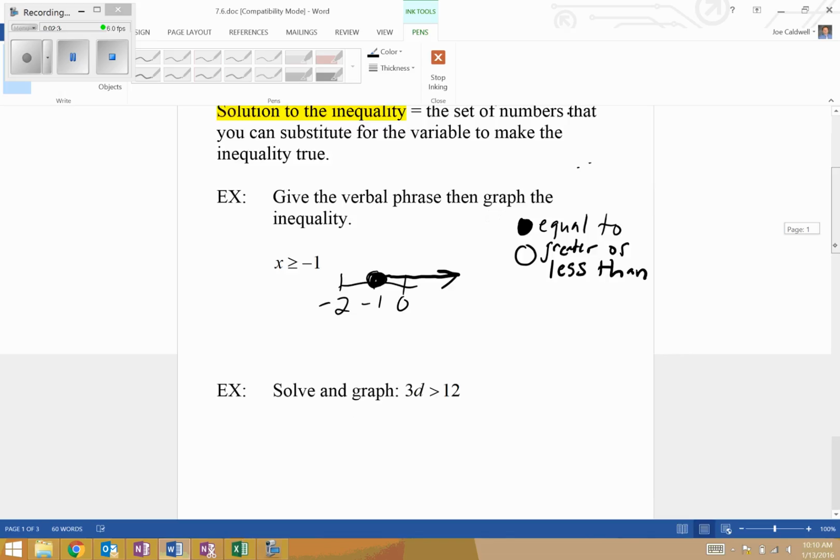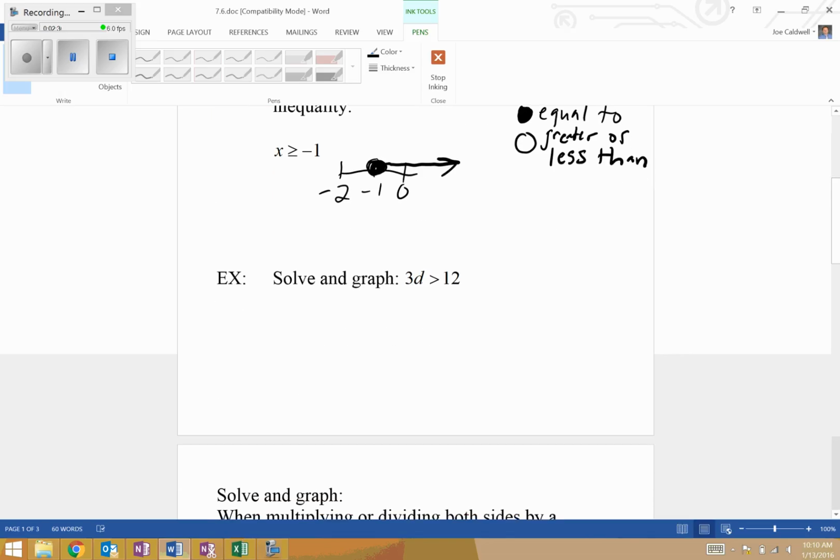All right. So here we just solve like we normally would, except we have to graph it at the end. We're just going to divide by 3, inverse operation. You're going to be left with d is greater than 4, right? 12 divided by 3 is 4. So again, we're going to make a little mini number line with 4, 3, and 5. Since it's not equal to, it's going to be a hollow circle.